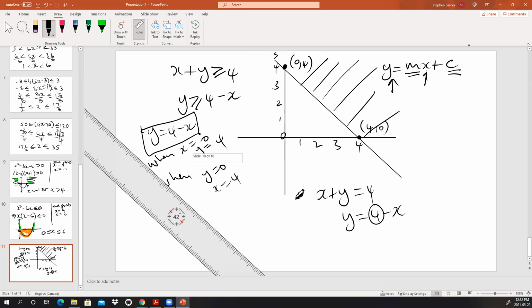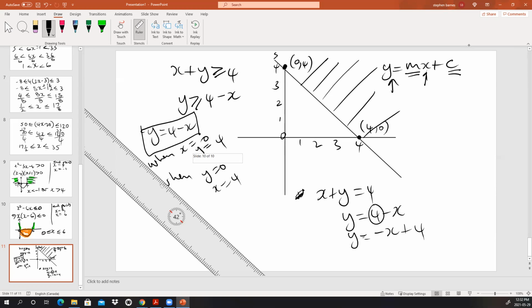Of course, if you want to make it look like that exactly, it would be something like this. It's the same thing, so don't get hung up on that. So 4 is your y-intercept. Then you can determine what is the value of y when x equals 0. That is your y-intercept, 4.